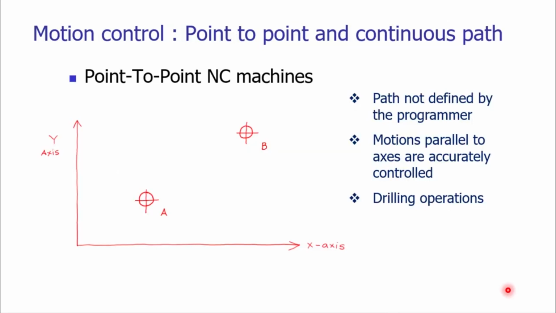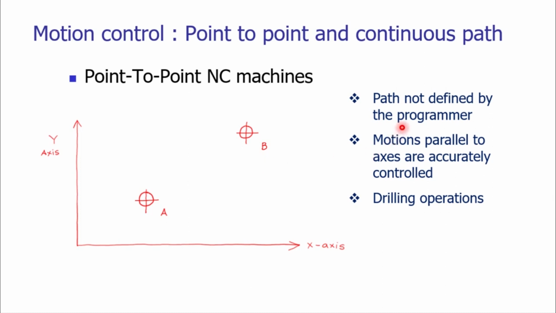In point-to-point NC machines, we are interested to have the locations only. Consider a drilling operation, we need to carry out the drilling operation at point A and a drilling operation at point B. The programmer is setting up these locations through the instructions in the program, and those instructions will be converted into the required electrical signals by the MCU.